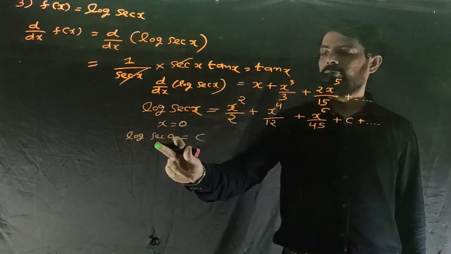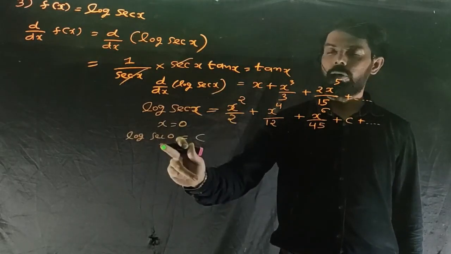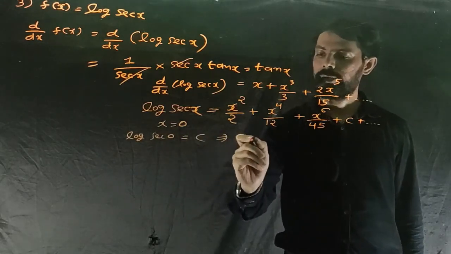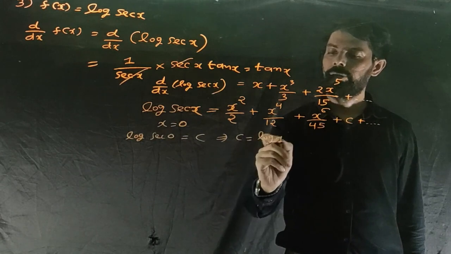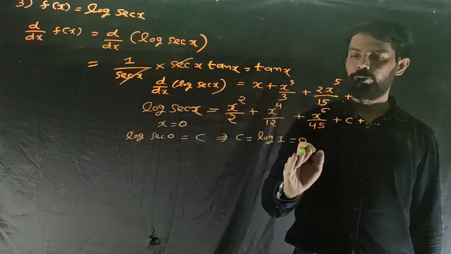Now we know that the value of sec 0 is 1. So it will be log 1, and c can be written as log 1. We know that the value of log 1 is 0, therefore the value of c is 0.